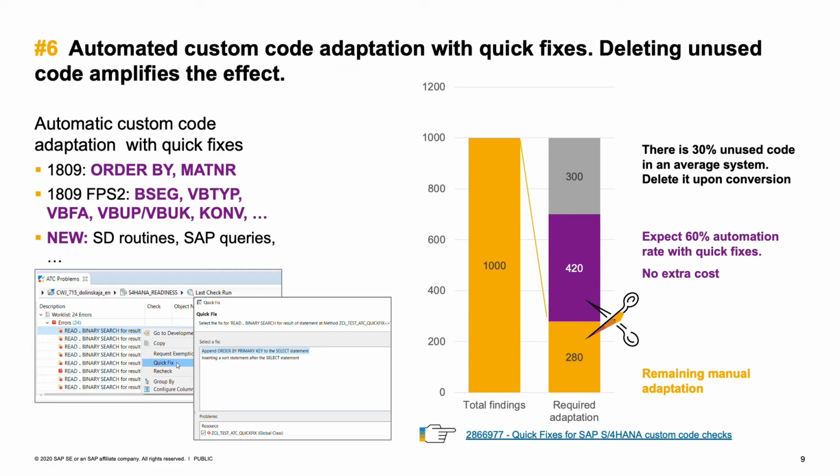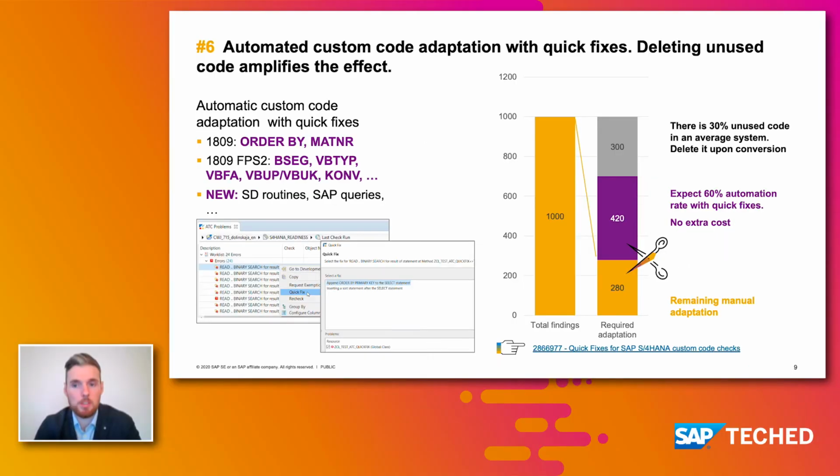That functionality is not very new and it's been around for quite some time, but what we have included recently is that we now have automation capabilities in the tool suite to automate custom code adjustments. These so-called quick fixes are available for custom code adjustments which are relatively common and always follow the same logic.